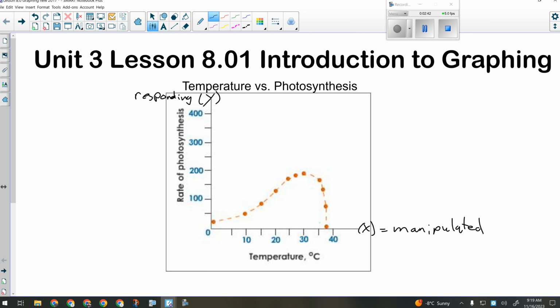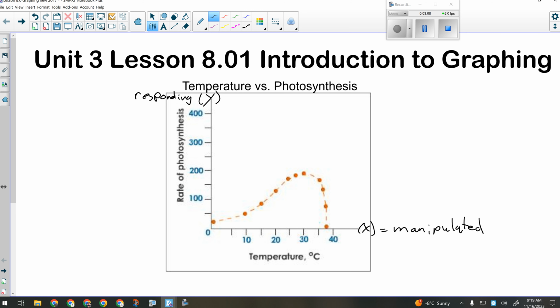It says rate of photosynthesis, but it's missing something. Units. Your graph should have labeled axes with units. I assume that this is in like milligrams of dissolved oxygen or something like that, which is usually what they use to measure the rate of photosynthesis, how much oxygen gets produced as a result.